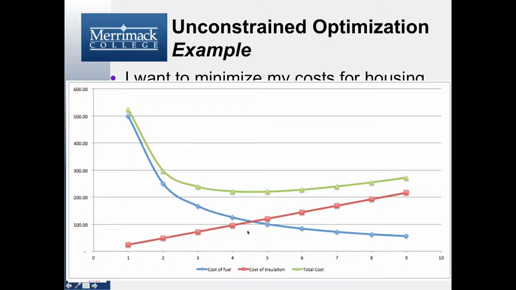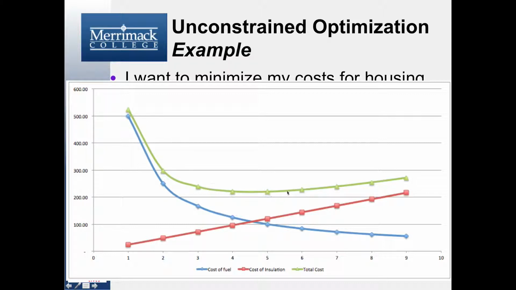For each inch, it's going to add $24 to my cost. And the cost of fuel, as thickness goes up, fuel goes down, and it's nonlinear, it's asymptotic. So the total cost is the sum of those two.